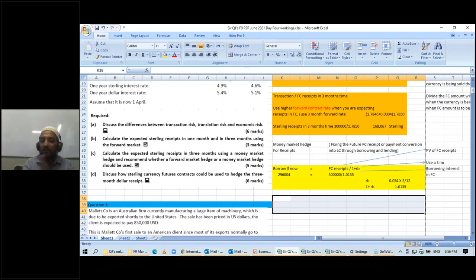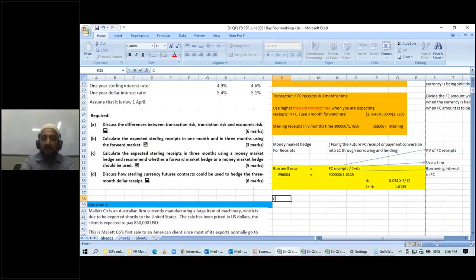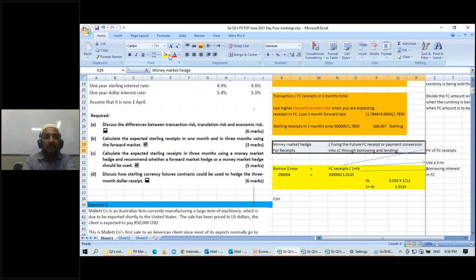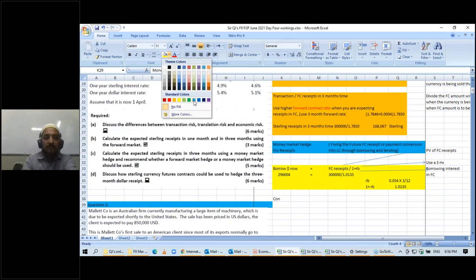We are not exposed to the spot rate in 3 months which will occur at the time of the payment by the customer. Now, this is not the answer, this is the second step. The answer will come in the third step. This is a 3-step strategy, for payments also and for receipts also. This is the strategy for receipts. Afterwards, in the next question, I'll tell you the strategy for payments. First, learn this strategy for receipts.